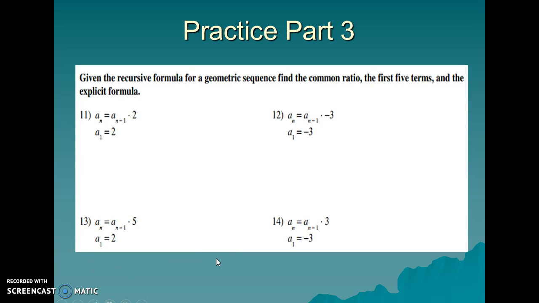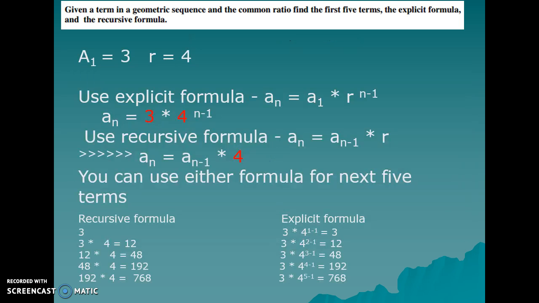Okay, now you try. Again, pause, and then once you get it, move on to the next part.